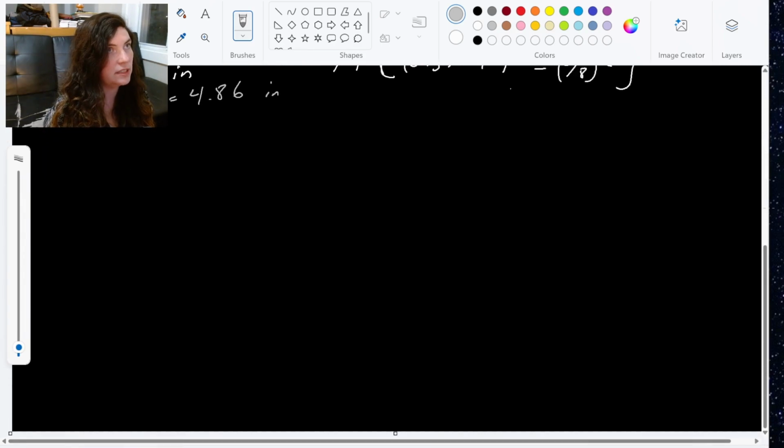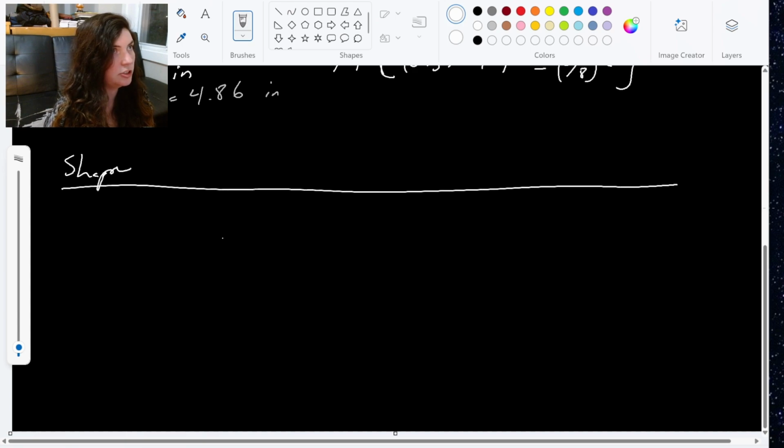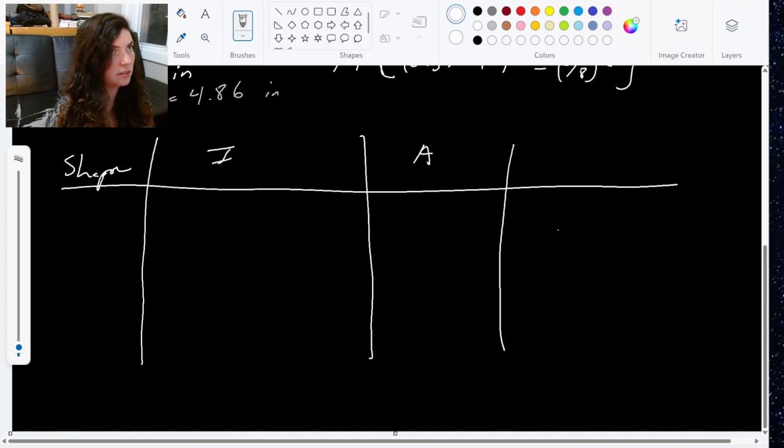So we're going to have our little table. I always like to do it table style. So I've got my shape, the moment of inertia for the shape, the area, d, and then AD squared.